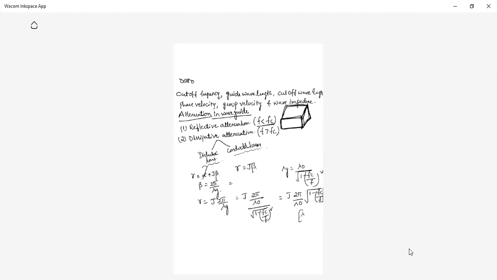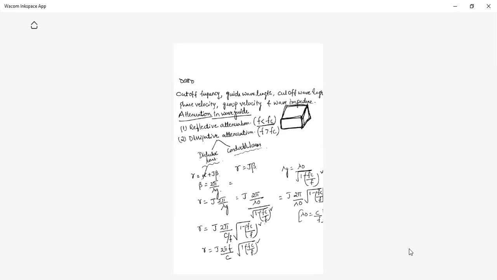What is lambda naught? Free space wavelength, which is nothing but c by f. If I substitute in this expression, gamma becomes j 2 pi f by c into square root of 1 minus (fc by f) whole square.